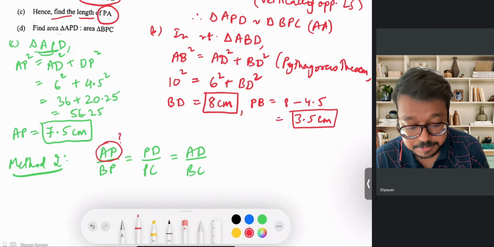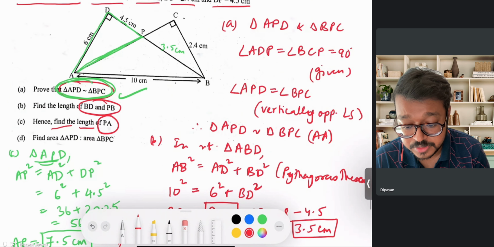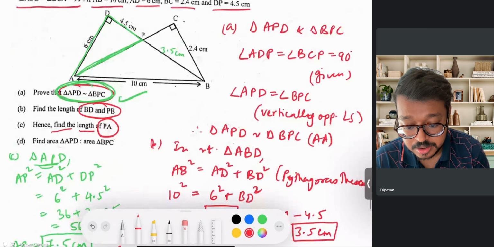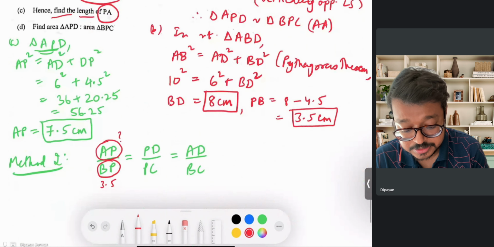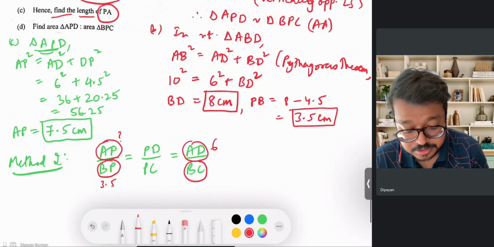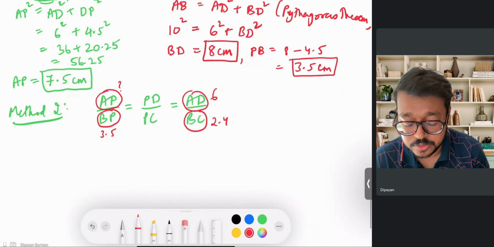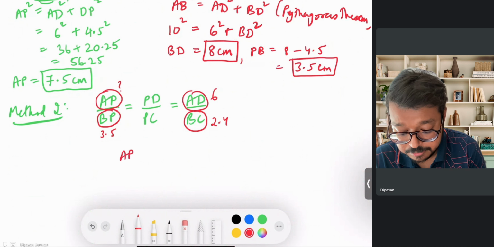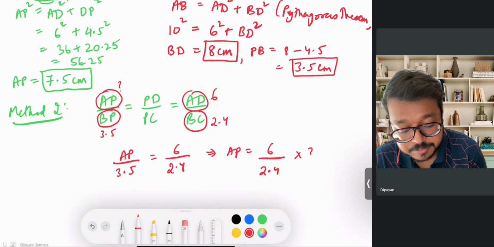Knowing that BP is 3.5, and we know AD and BC. Okay, AD is 6 and BC is 2.4. So if I look at this ratio, I will say that AP by 3.5 is equal to 6 by 2.4. Then AP will be 6 by 2.4 into 3.5.